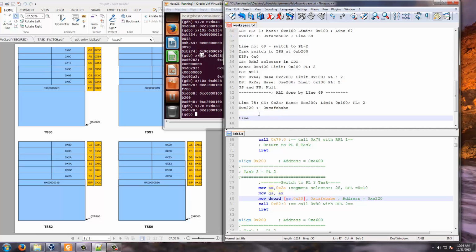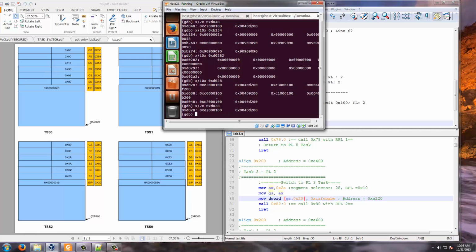So in line number 81, please, in line number 81, I am doing a task switch to PL3. So I am calling 0x82. Call 0x82.